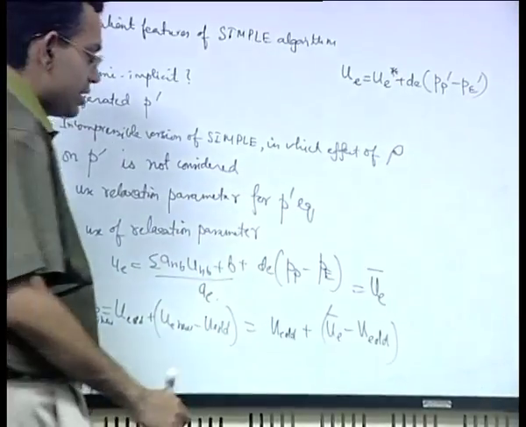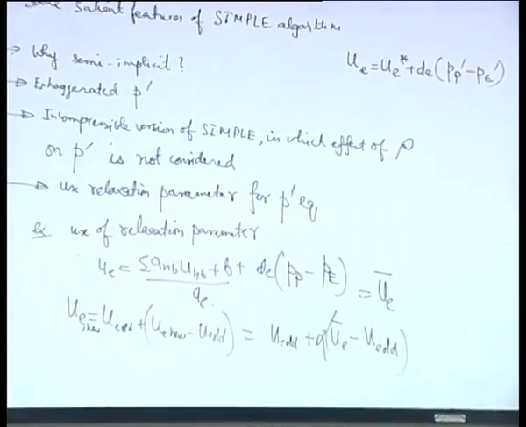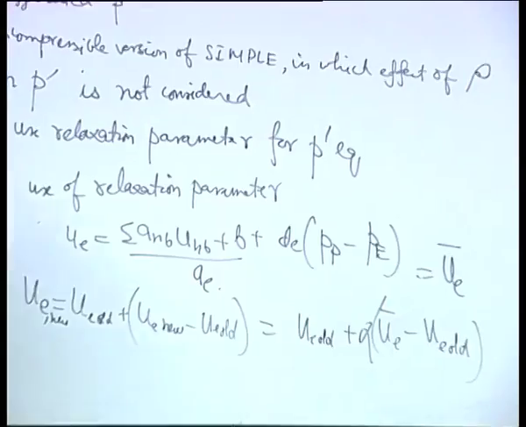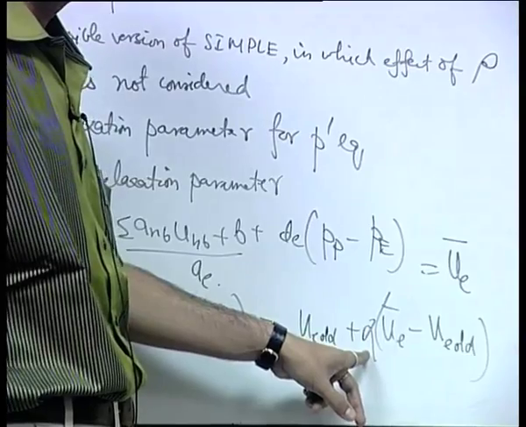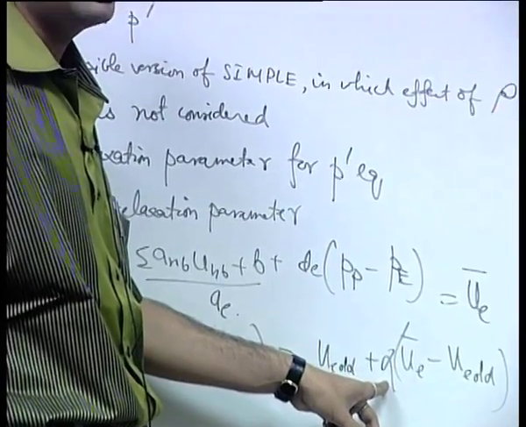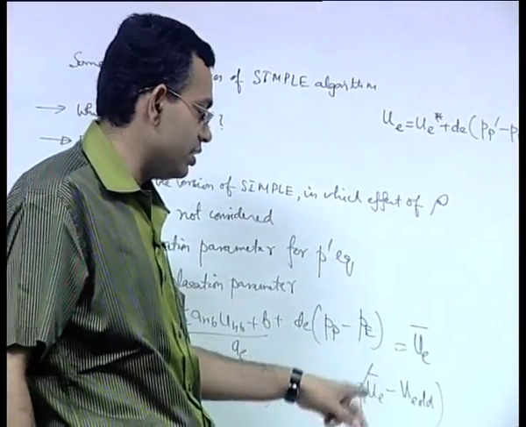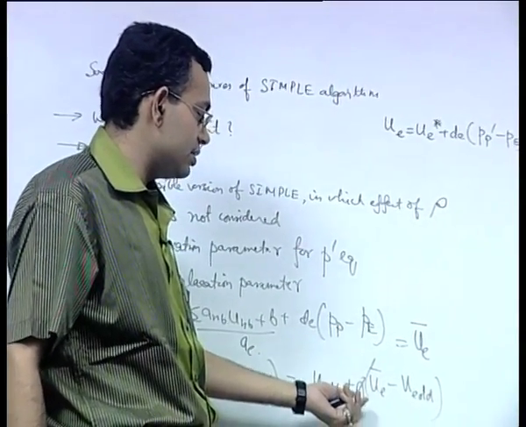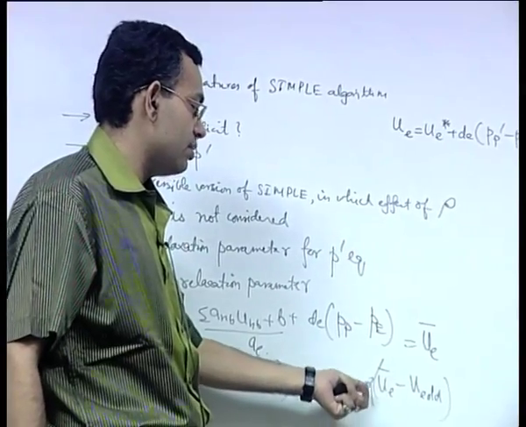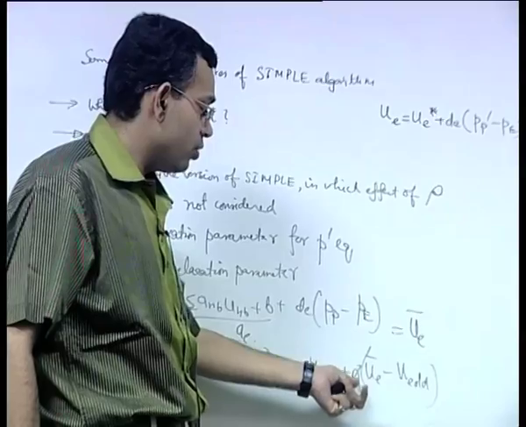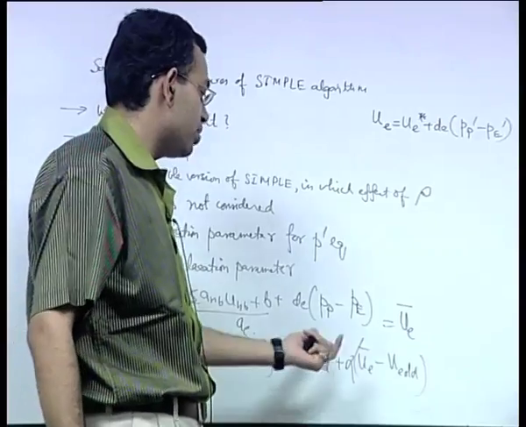Next, what we do is we multiply this change by a relaxation factor alpha. This type of policy we had adopted in the relaxation techniques for solving systems of algebraic equations. So, the same thing that we are doing here, just in the context of solution of these discretized equations, is that when we have this relaxation parameter alpha, by this you control the change.